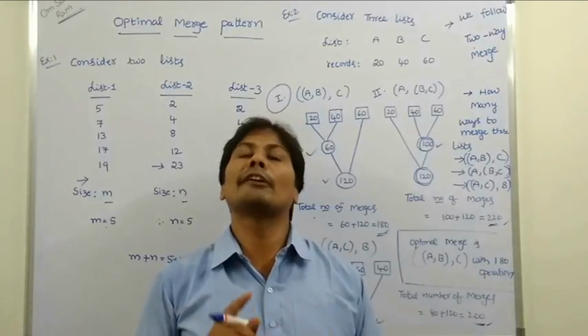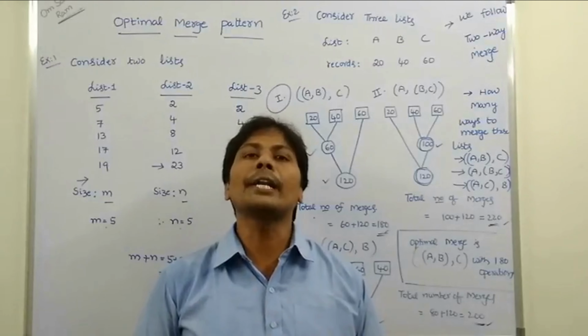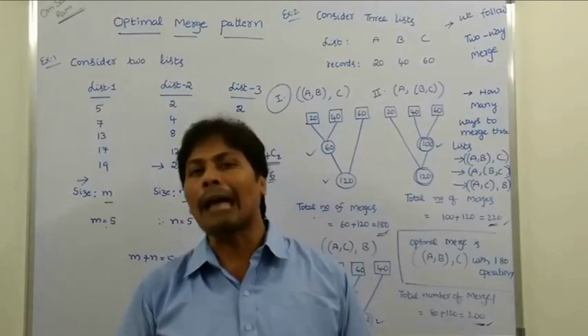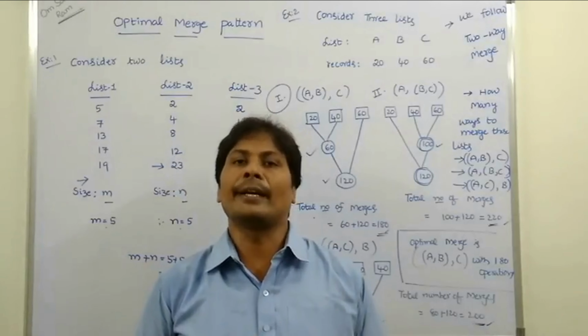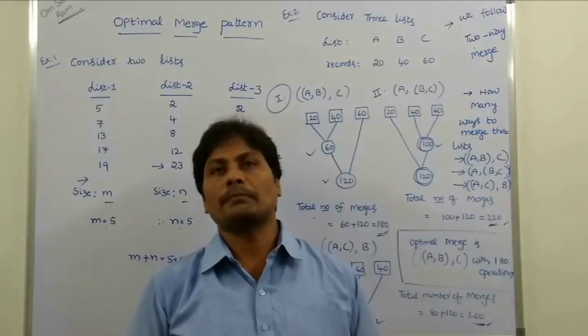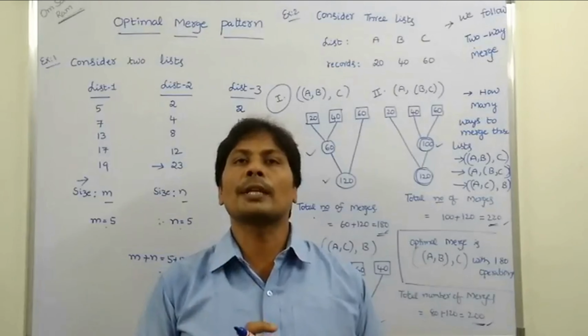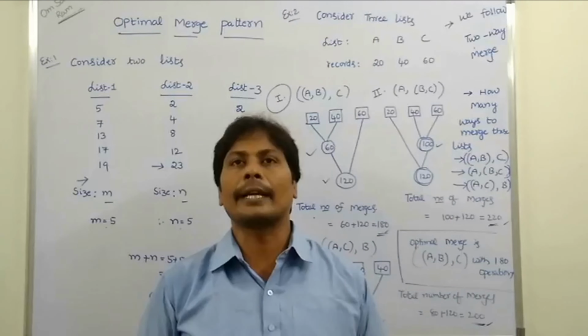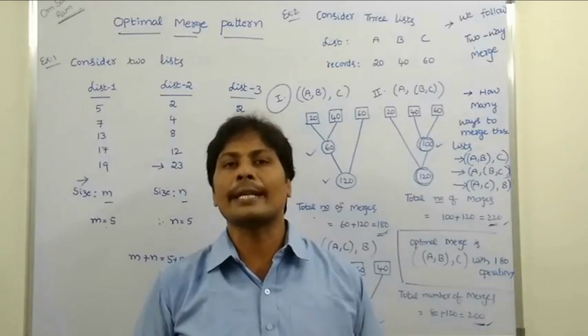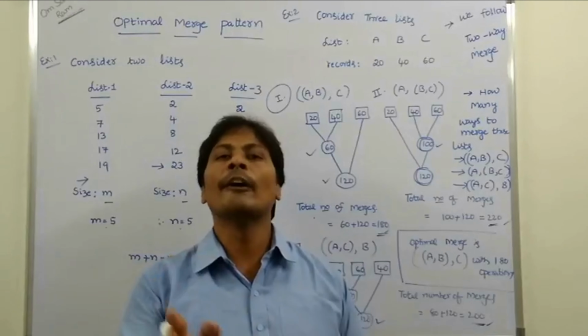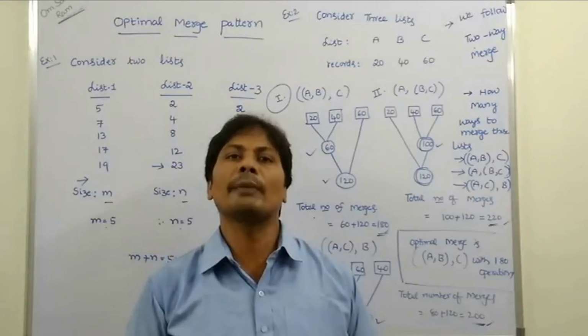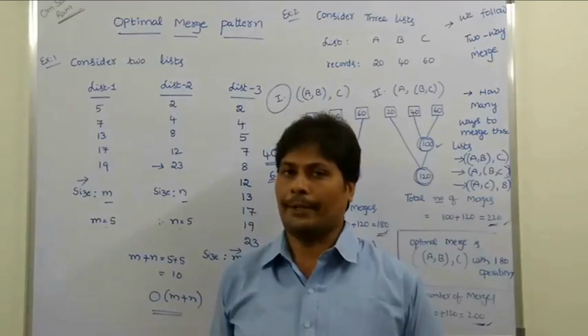There is one way to find the optimal solution directly, and that way is the greedy method. How to find the optimal solution using the greedy method when the problem contains more lists or files will be explained in the next video.